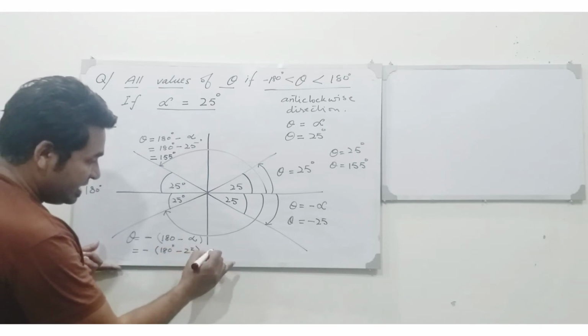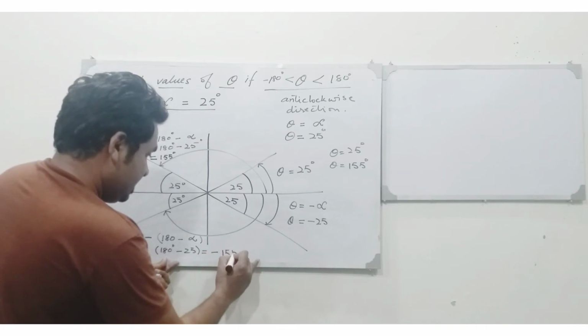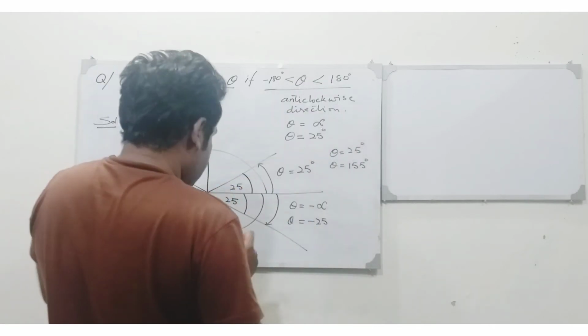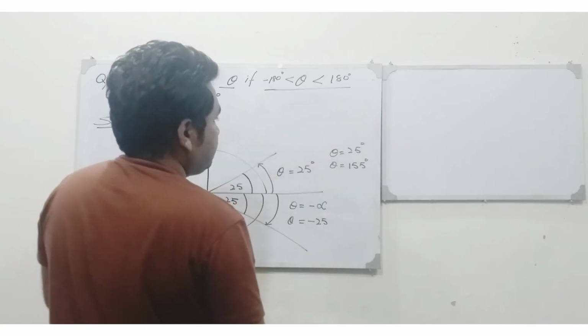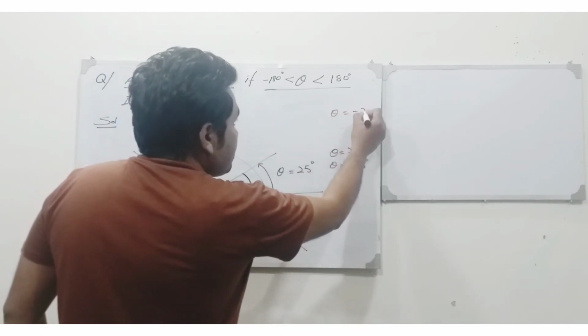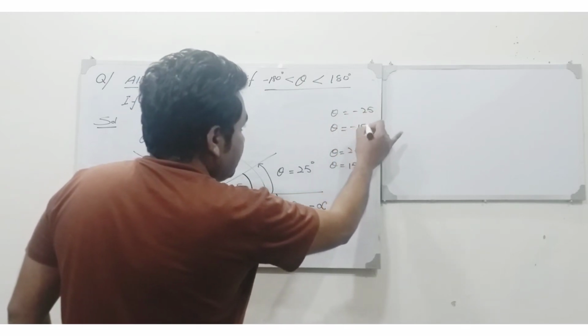It will give you minus 155 degrees. So the values which come in this range are theta equals minus 25 and theta equals minus 155.